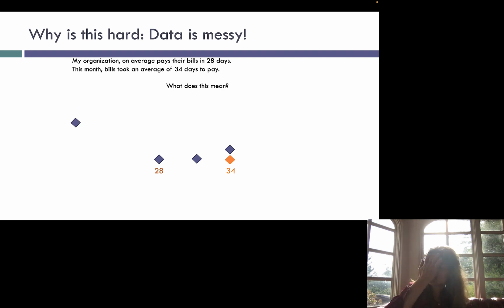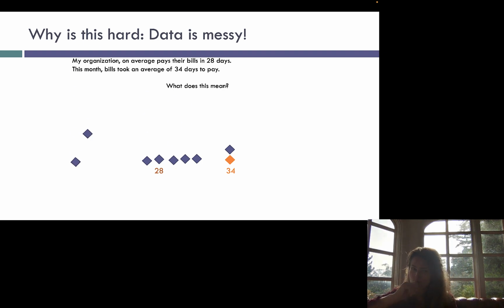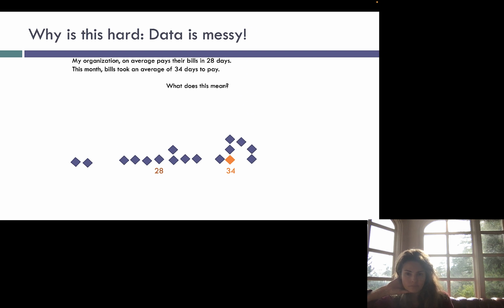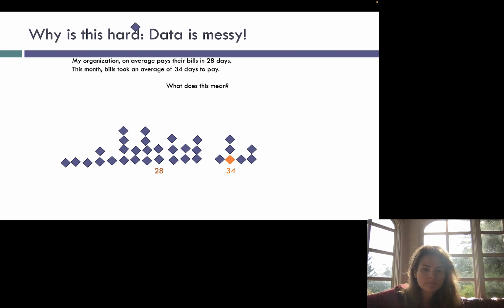But let's say, what if the data looked more like this when we went and gathered our data? Now that 34 looks weird, but it doesn't look anywhere near as weird as it did before, right?